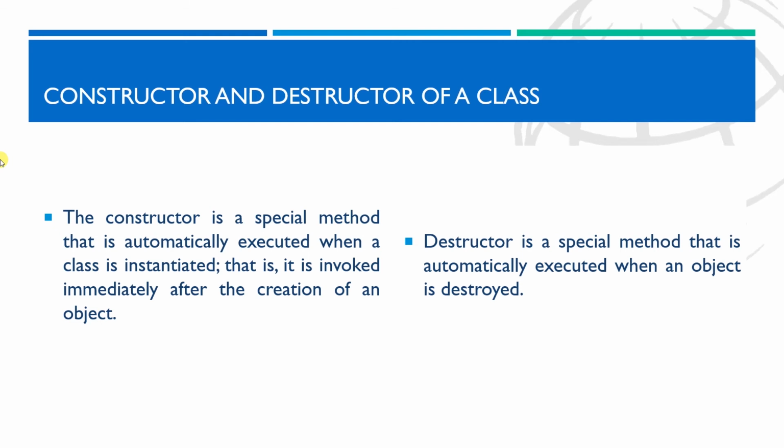That is, it is invoked immediately after the creation of an object, generally used to initialize the object, although you can implement any sequence of instructions. The constructor can receive parameters, however, like a function it is not inherited and cannot return a value, and it must also have the same name as the class.